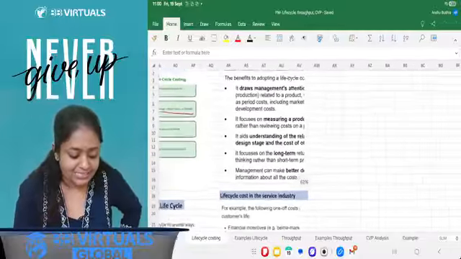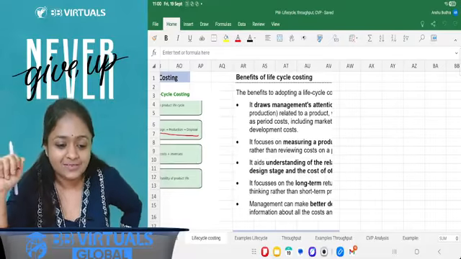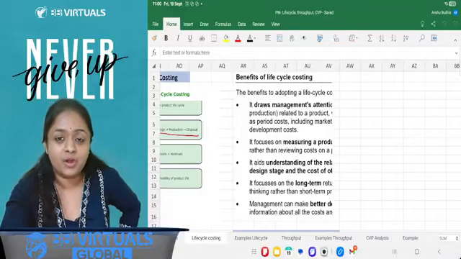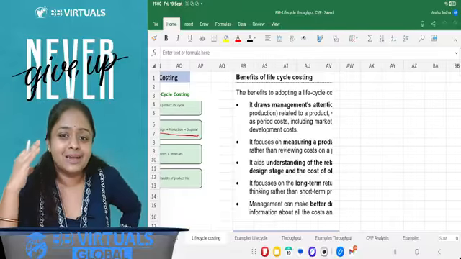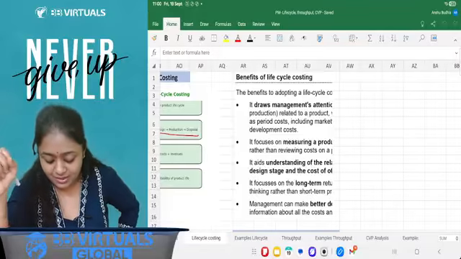Okay, finally, now that we have discussed the ways to elevate our life cycle costing and the life cycle of the product, maximizing the returns, let's look at a quick summary of the benefits of life cycle costing.